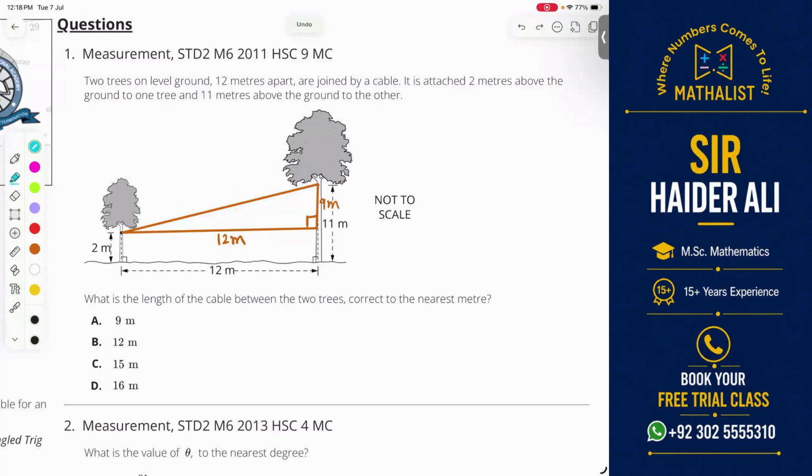So that's the hypotenuse. It's A, it's B. So C square is equal to A square plus B square. A is 9 square, 12 square, C square.